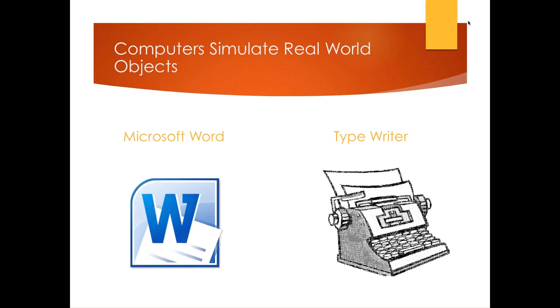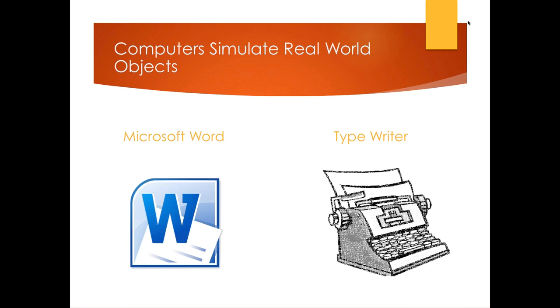All right. The first thing that I'd like to point out is that computers are made to simulate real-world objects, right? For example, Microsoft Word was meant to simulate the same functions as a typewriter.